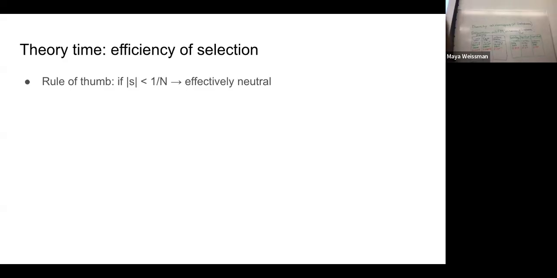If we have a super beneficial mutation that doubles your fitness, it's going to be really easy for selection to see that mutation. It's going to fix basically all of the time. But if you have a mutation with a selection coefficient very close to 0, it's going to be essentially neutral. And if we bring in mind population size, and how smaller population sizes mean selection is less efficient, we get this general rule of thumb.